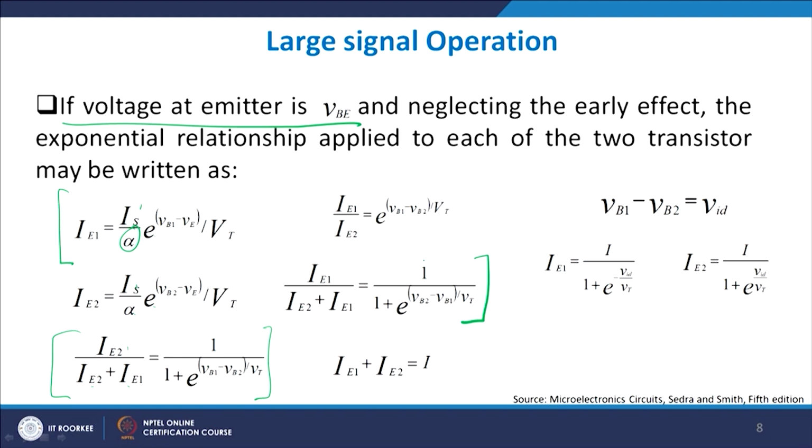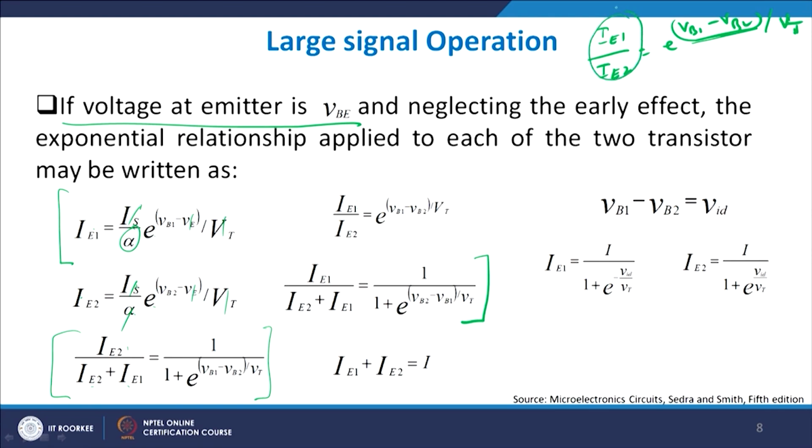Now, you see, this will cancel off, and this will cancel off, and this will remain, and therefore IE1 by IE2 equals e to the power VB1 minus VB2 by VT. Even without knowing the physics of the device, you can appreciate that the higher the difference between the base voltages, the larger the ratio.